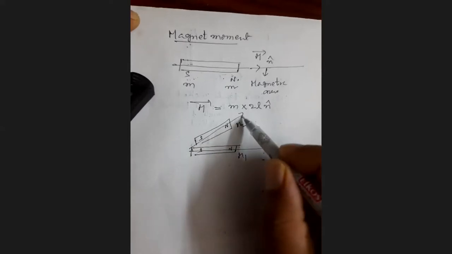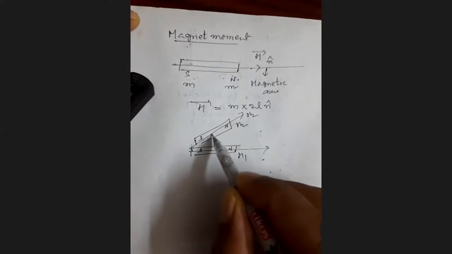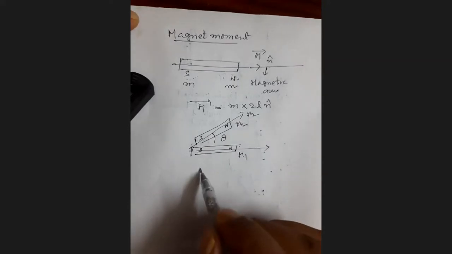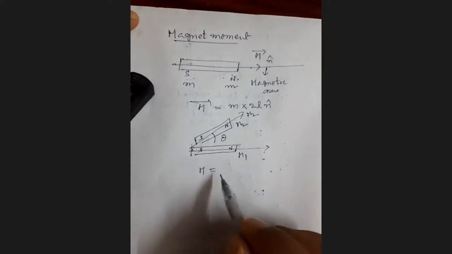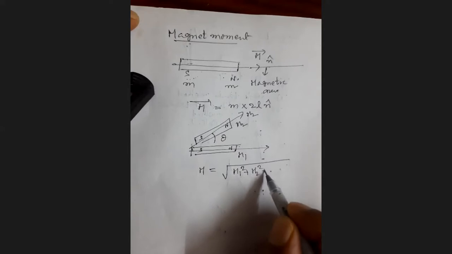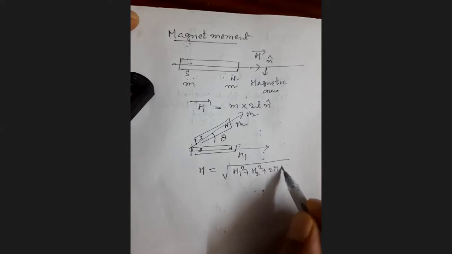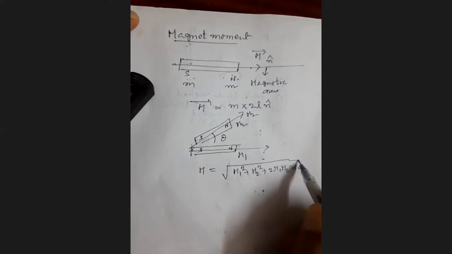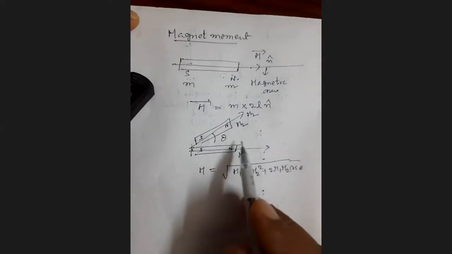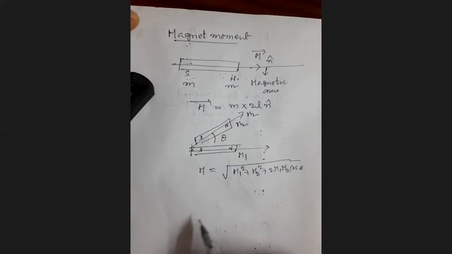The direction of M2 is south to north like this. The angle between these two vectors is theta. Then the resultant magnetic moment of this combination, by using the parallelogram law of vectors, is the square root of M1 square plus M2 square plus 2M1 M2 cos theta. Okay, so by substituting different theta values, you can calculate the value.